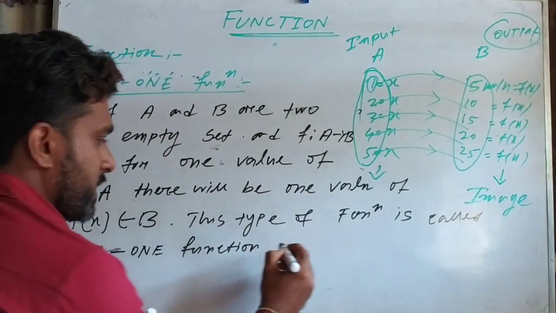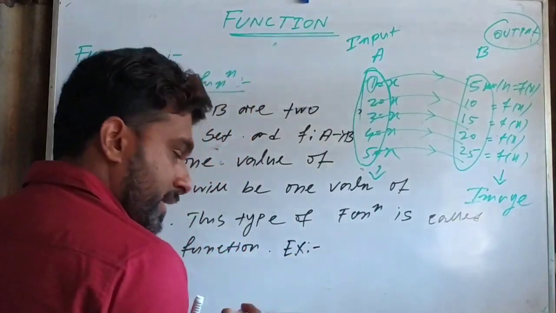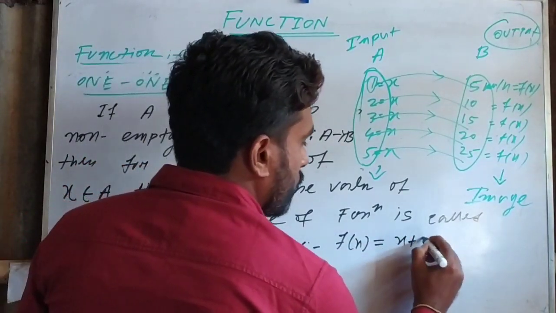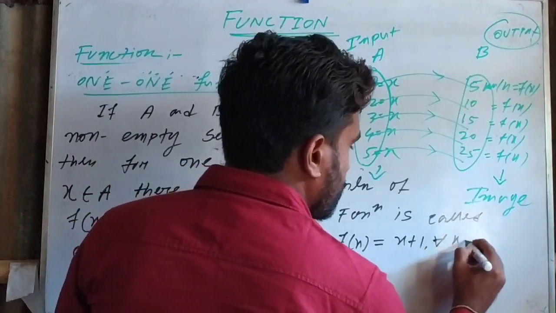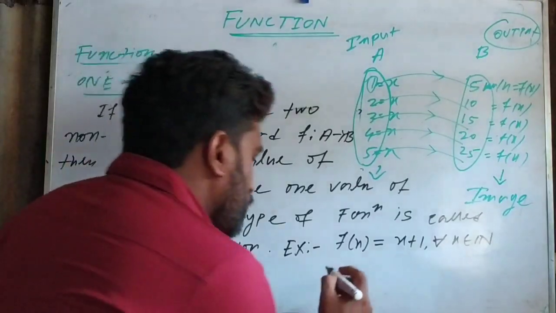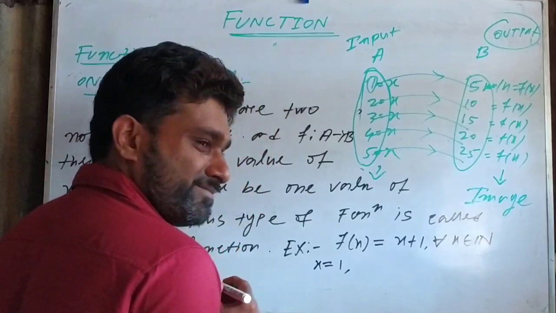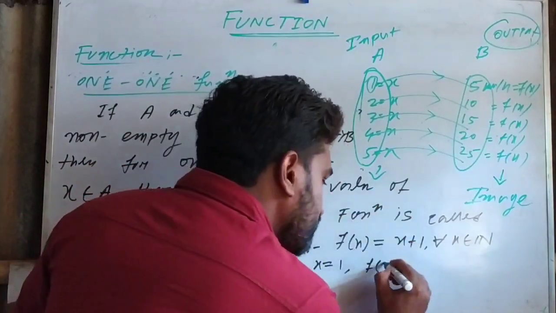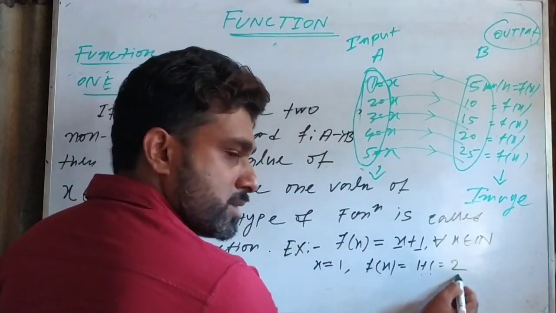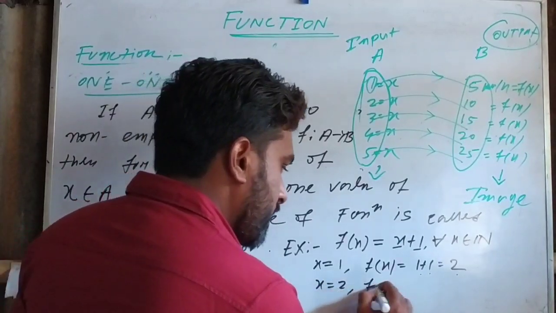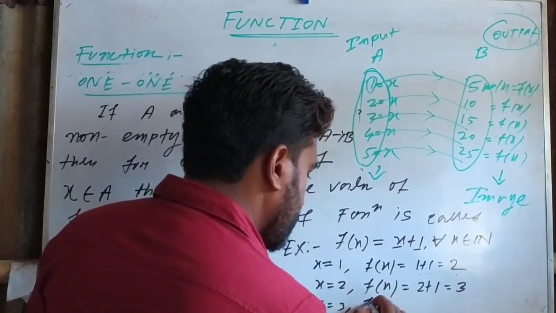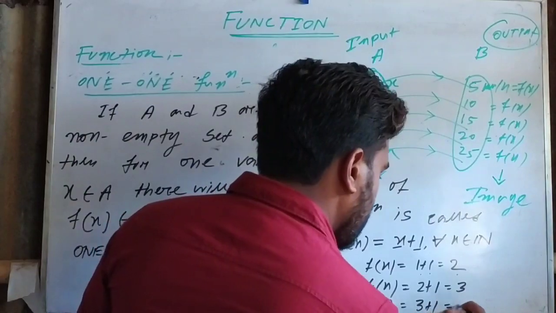Now if I take an example here, f(x) equals x plus 1 for all x belonging to natural numbers. Suppose I have chosen it randomly. So if I choose x equals 1, the output f(x) will be 1 plus 1, that is 2. x equals 2, then f(x) is 2 plus 1, that is 3. x equals 3, then f(x) equals 3 plus 1 equals 4.